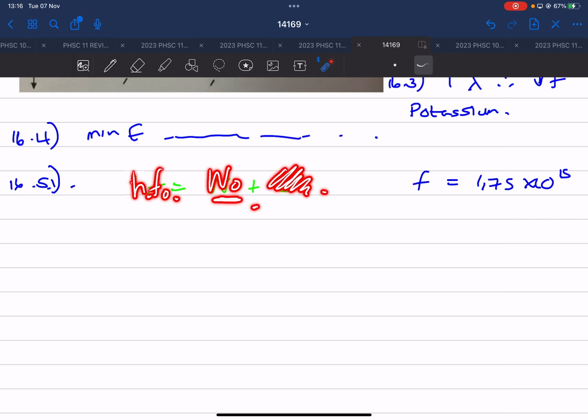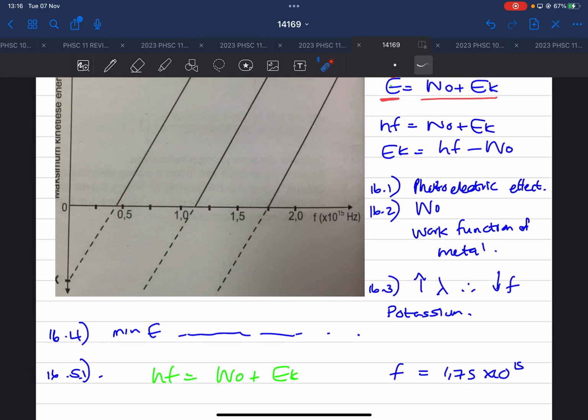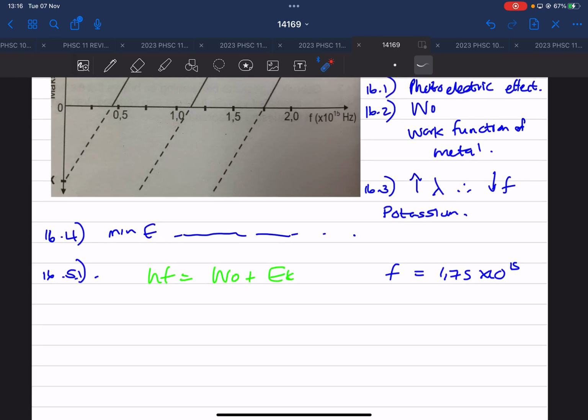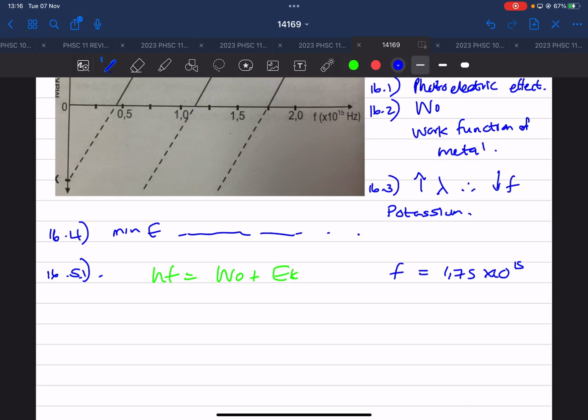Ja? Okay, so daar waar die kinetiese energie 0 is, daar het ons die drempelfrekwensie, the threshold frequency. So, jy gaan sê, h maal threshold frequency gives you the work function, and that is what they ask. Please calculate the work function for 3 marks. So, dis wat ek geweet het: formula, substitute, answer.